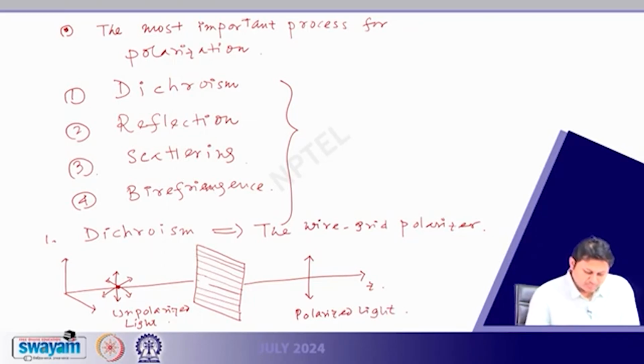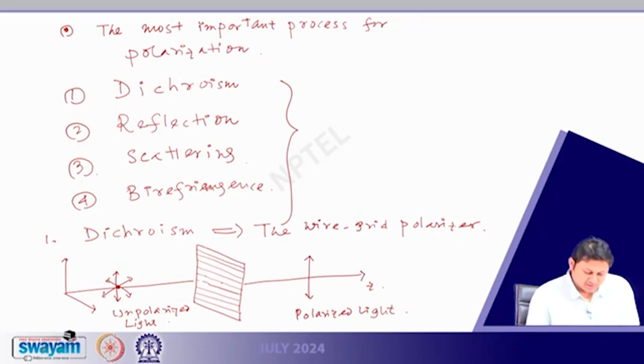So, when an unpolarized electromagnetic wave is incident on a system of thin copper wires placed parallel to each other, the E along the length of the horizontal wire is mostly absorbed.